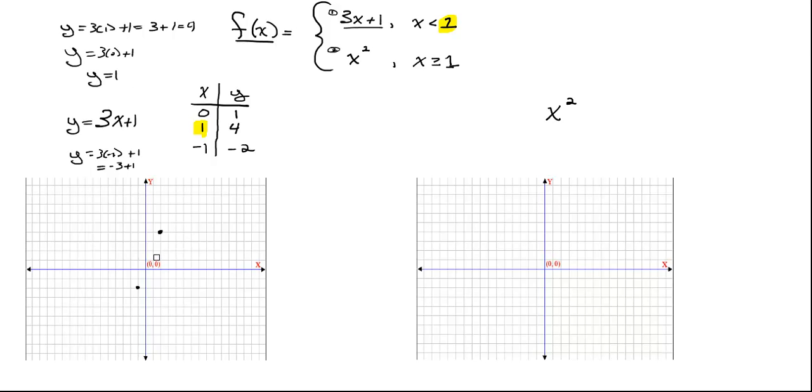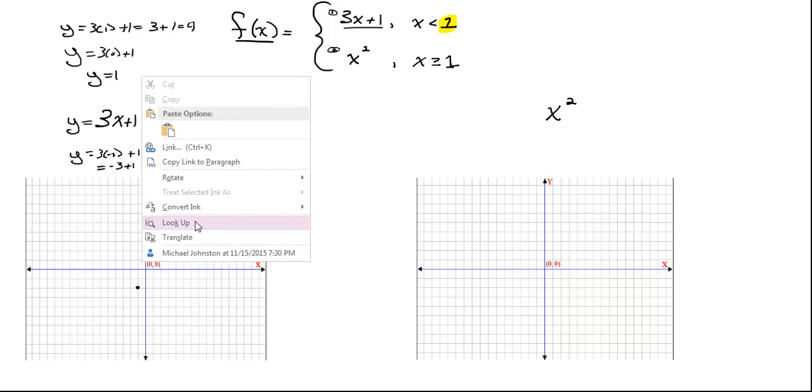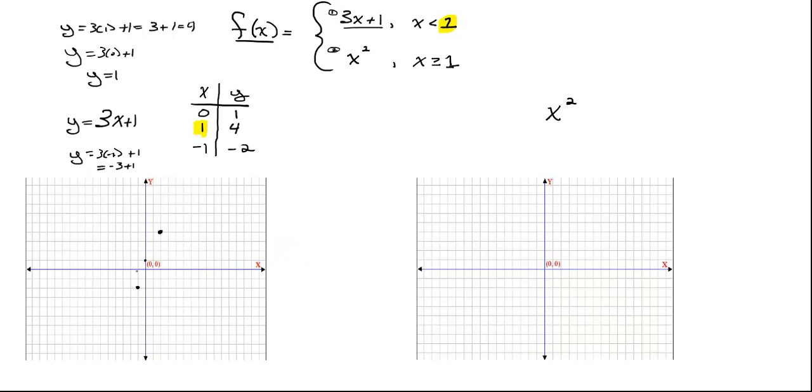Let me stand corrected. My first point, 0, 1, I knew something looked a little off, but it's in fact right there. I was off by a value of 1. And then this point is off slightly too, so this will be a value of 1, 4, so that looks a little bit better.